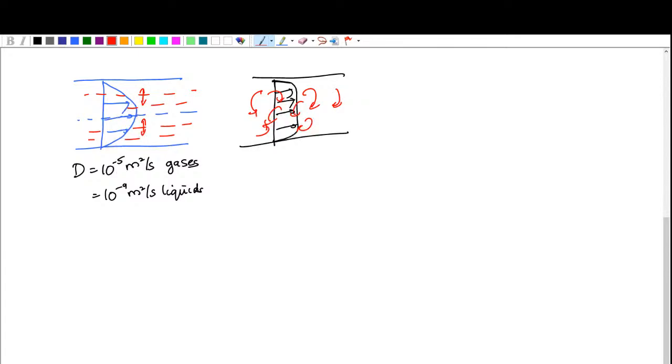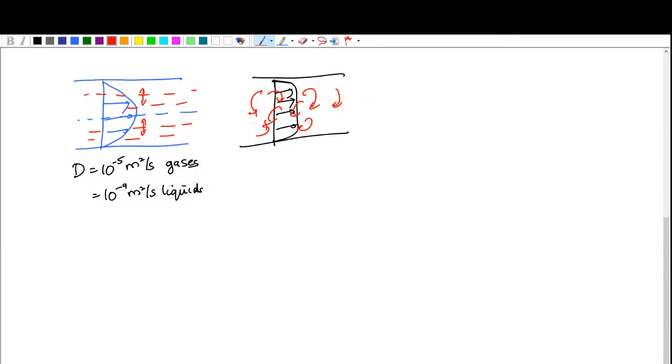And so because of that, these could transfer energy, mass, or even momentum across the flow direction, because these are parcels of fluid that are traveling across the flow, and that could result in a much faster transfer of mass, momentum, and energy.